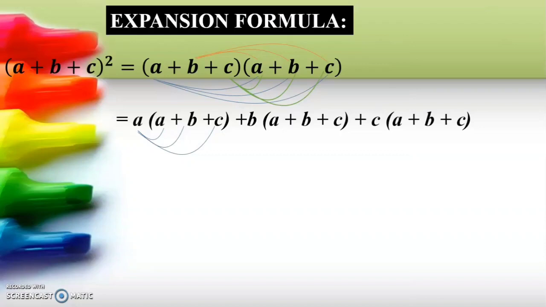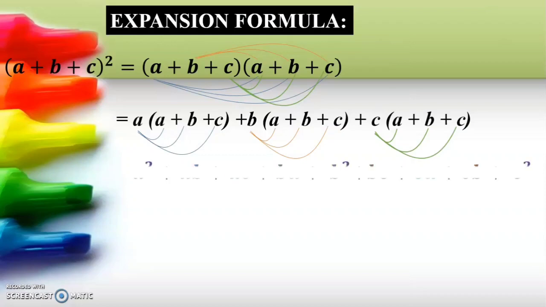Then b gets multiplied with each term in the bracket. So we get b multiplied with a plus b multiplied with b plus b multiplied with c. And similarly, c gets multiplied with each term in the bracket. That is c multiplied with a plus c multiplied with b plus c multiplied with c.